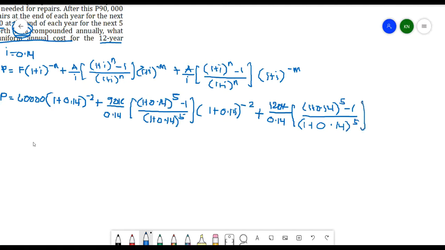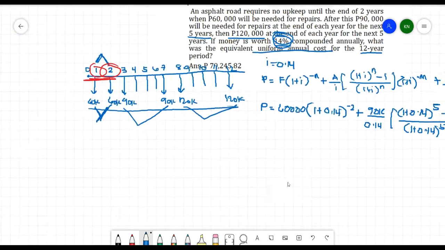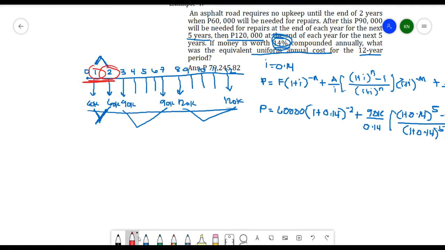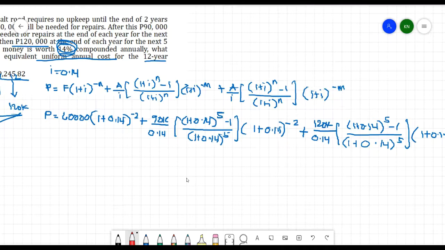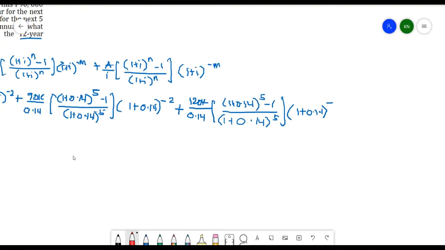That is multiplied by 1 plus 0.14. And for the number of m, since that is for 120K, we have 7 periods that have no payments for 120K. So what we have here is 7.